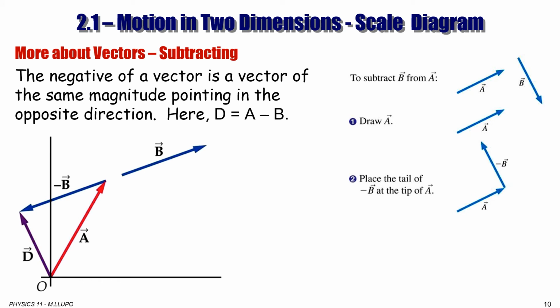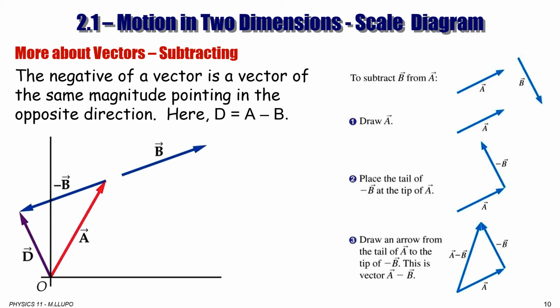Then you follow the same rule, tip to tail. You place vector minus b where the vector a ends, and then draw the resultant vector, which is d, or a minus b, which starts where the vector a starts and ends where the vector minus b ends.